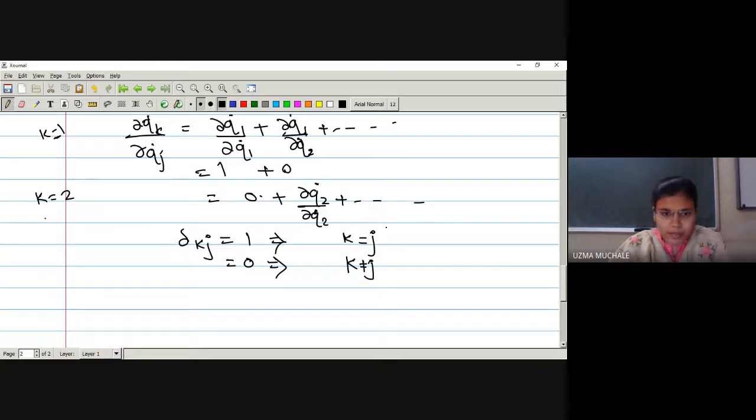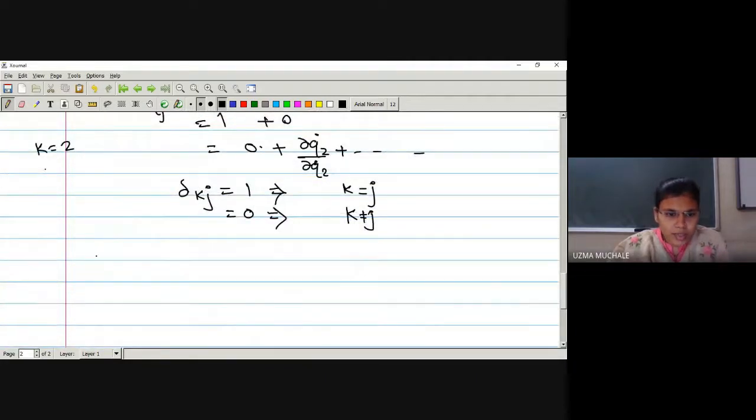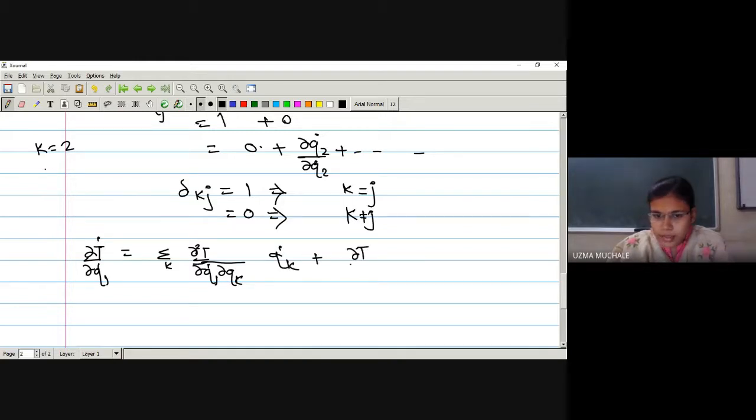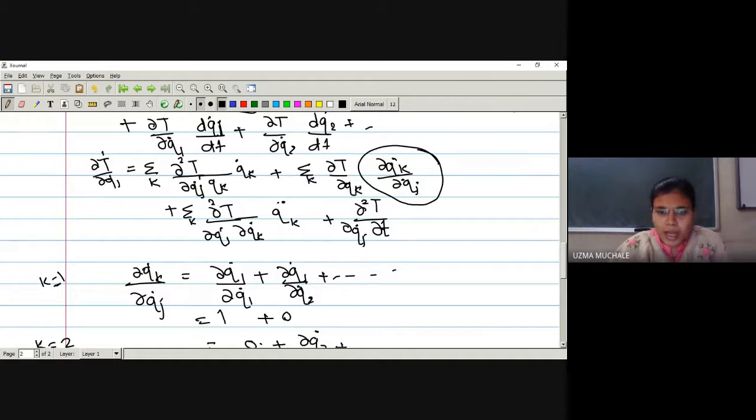Let me evaluate the value of this term. After using this delta kj, ∂T dot by ∂qj dot is equal to the summation over k of ∂²T by ∂qj dot ∂qk into qk dot, plus the next term, which is ∂T by ∂qj only, because after running the summation we get the value either 1 or 0.